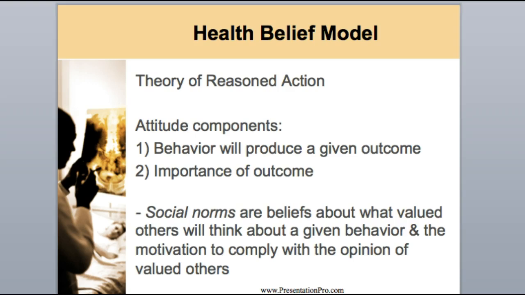In this theory, social workers really need to focus on the environment and the support system of a particular client, because it's believed that the social norms that are brought about within that social support system will influence the client's behavior toward an outcome that that client feels will occur. And again, how important that outcome is to that client will also be a big part in the behavior as well as that support system of that particular client.